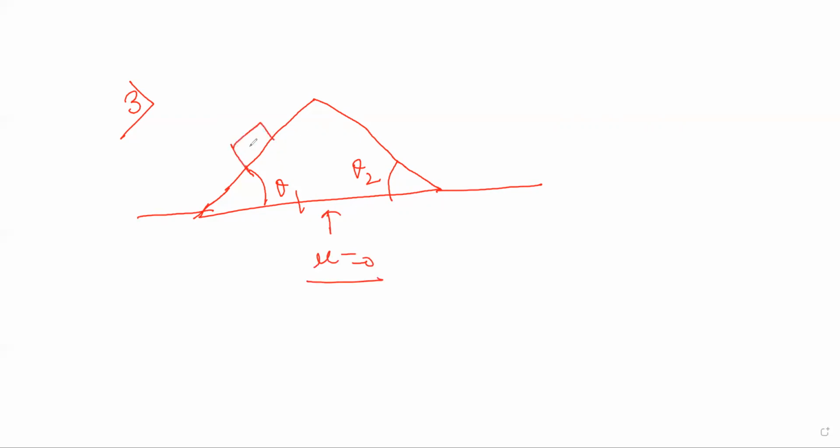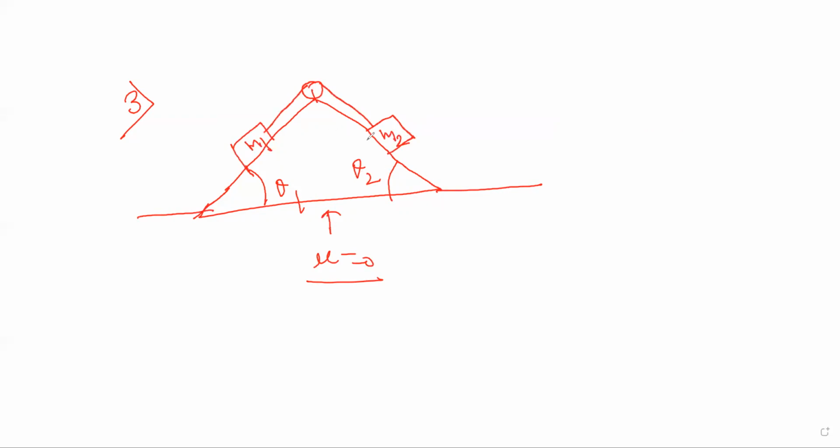A block having mass m1 is placed on the inclined surface of the wedge, and a second mass m2 is attached with a string. Now you might be asked to find the tension and acceleration of the blocks.